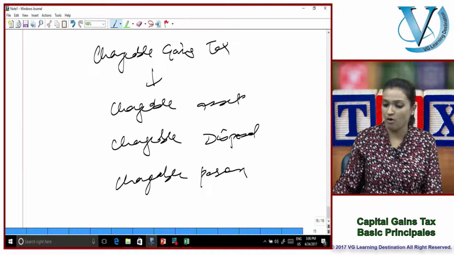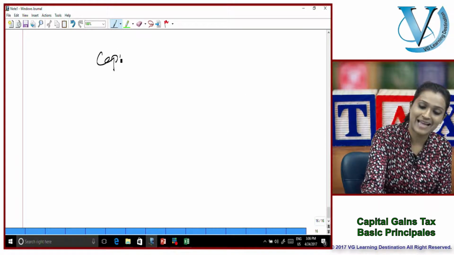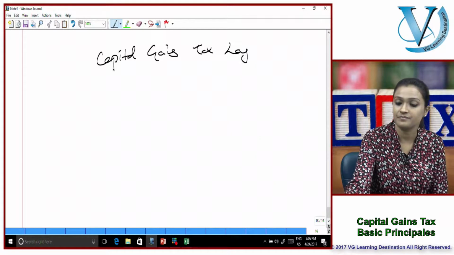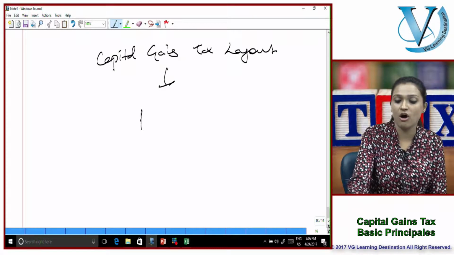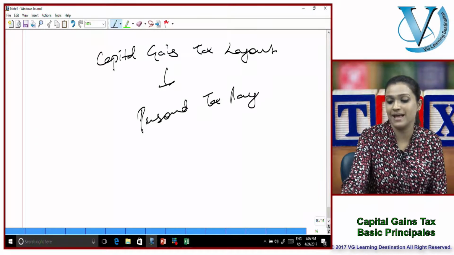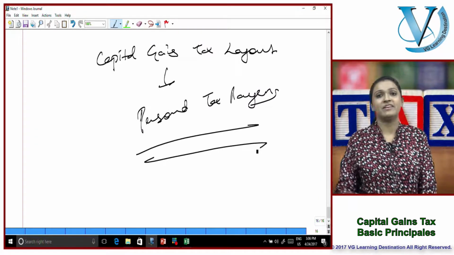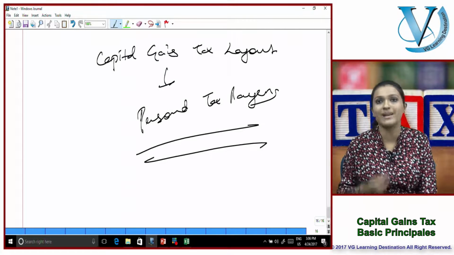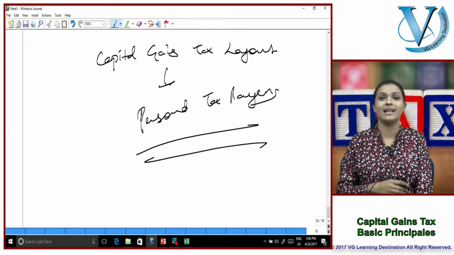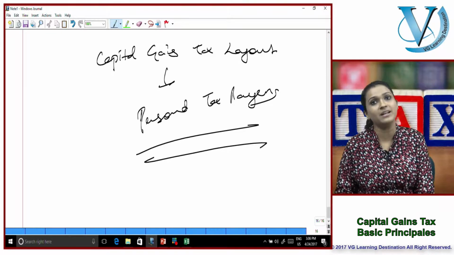We started off with the capital gains tax layout, which is applicable for personal taxpayers. So very basics we've done today. In the next session, we are going to move forward with a few complications. Move on to our corporate taxpayers as well and understand the basics of it first, right?